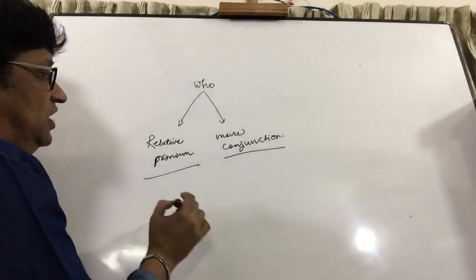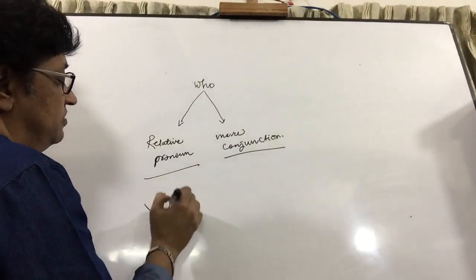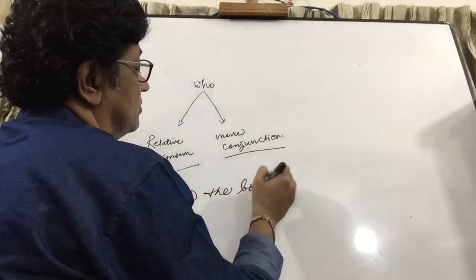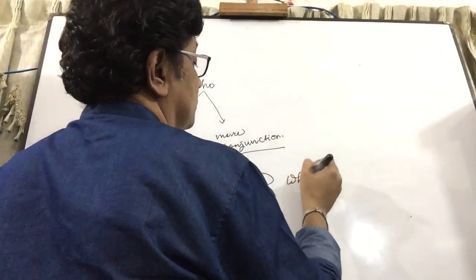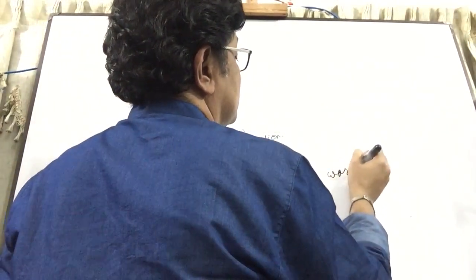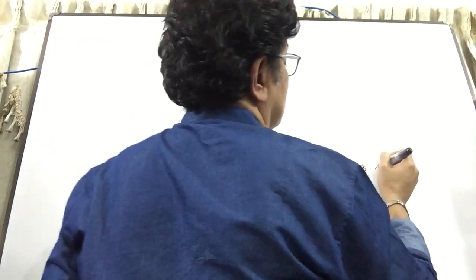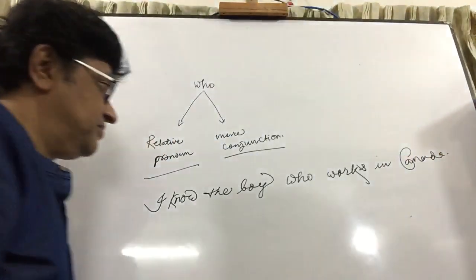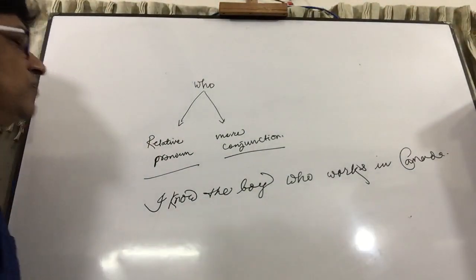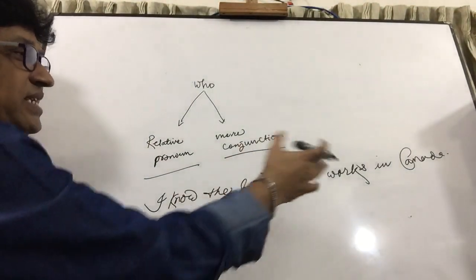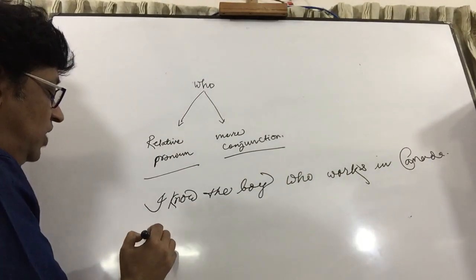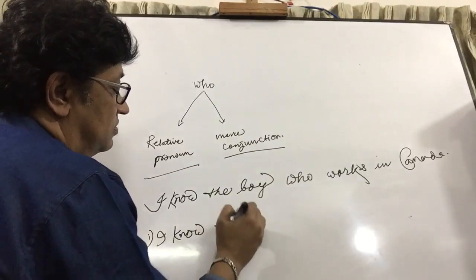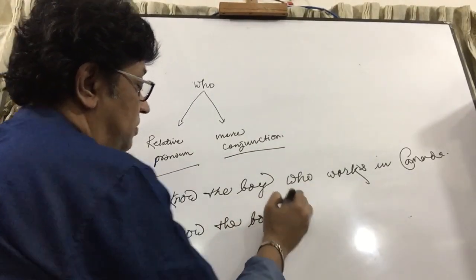That is, if you write, I know the boy who works in Canada. If you split this sentence into two, then one comes, I know the boy.